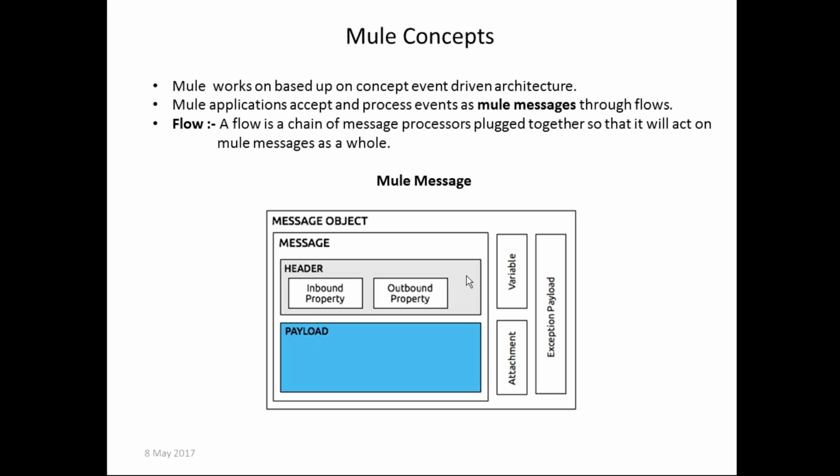The Mule message object is an abstract concept. When you refer to the Mule message object, it envelopes the actual message, the Mule variables, the exception payload and the attachments. The inner rectangle shows the message, which contains a header and a payload.